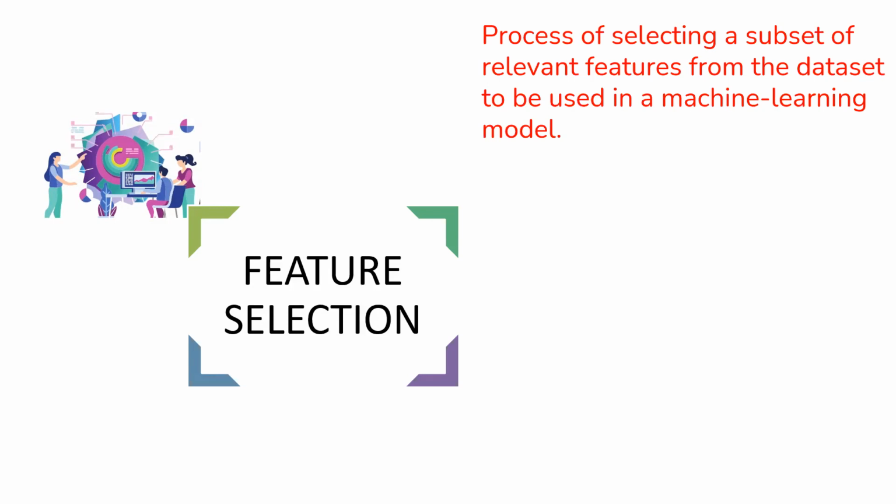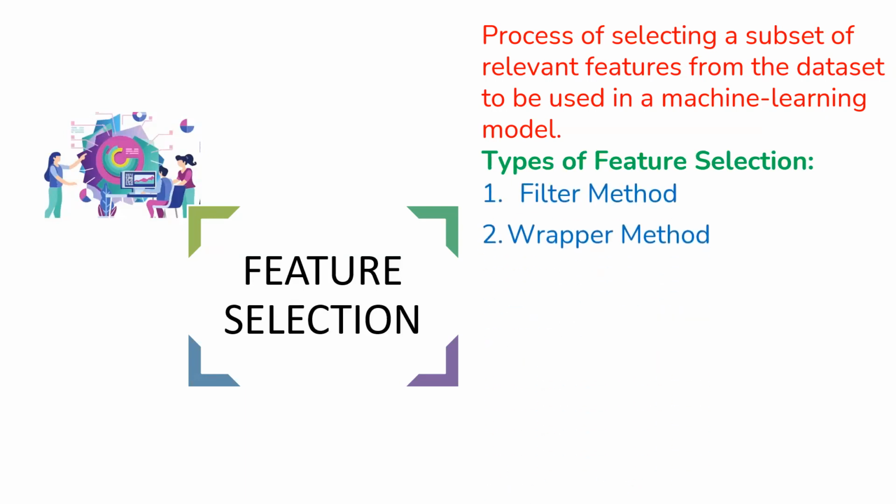Feature selection plays a crucial role in creating an impact on the performance of the machine learning model that is being built. Now we have three types of feature selection: filter method, wrapper method, and embedded method. In the filter method, what we do is we select features with a high correlation.